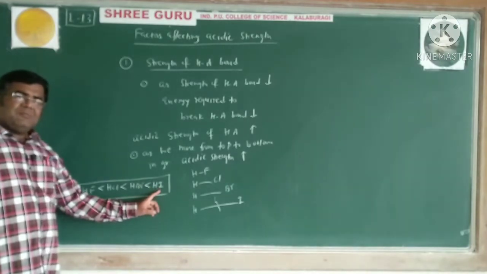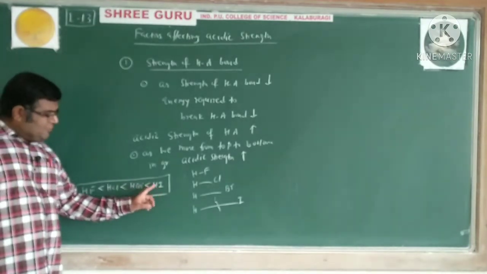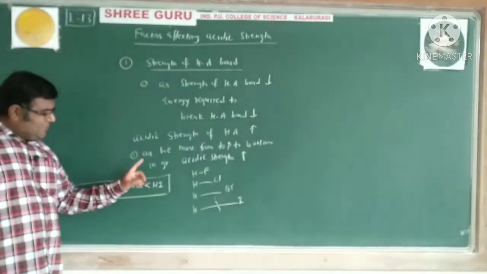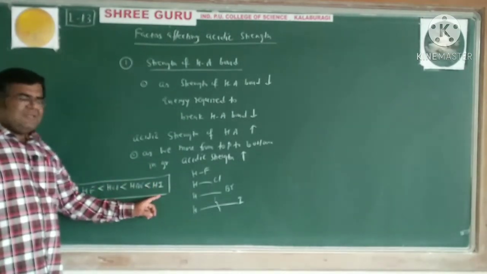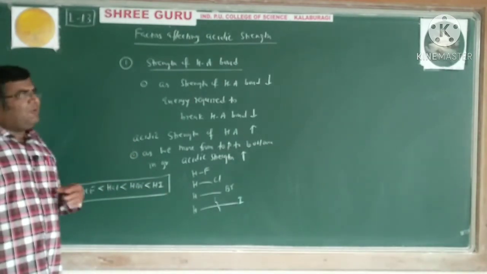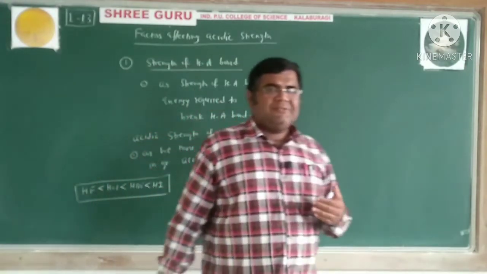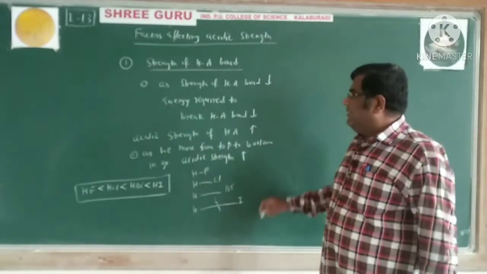In HI, the bond between hydrogen and iodine is big, easy to break, H plus ion can release easily, that's why acidic strength is greater. So this is the first factor, strength of HA bond. It will decide the strength of acid.